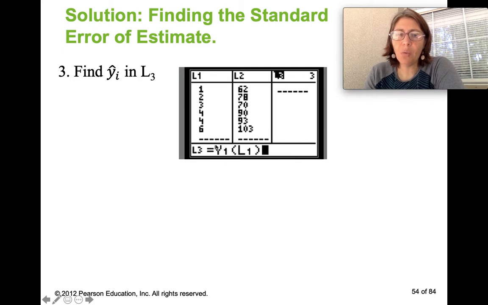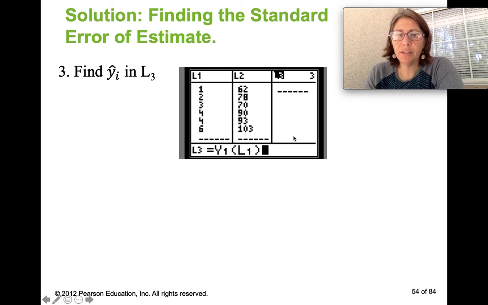So you're going to find that y1 just like we just talked about. Vars, go over to yvars, number 1 for function, number 1 for y1. Then parentheses, second L1, which is second 1, and parentheses, and then you will hit enter.